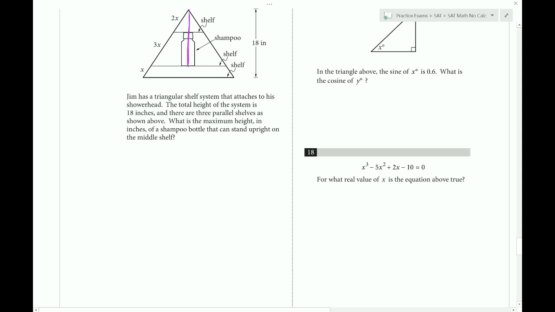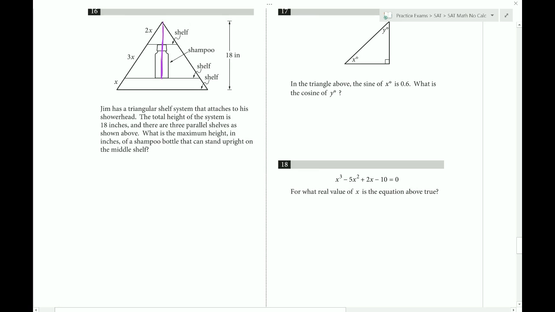So we already know about the full height of the entire thing. The full height is 18, and the full length along here is 6x. So we have a big triangle here with 6x and 18.